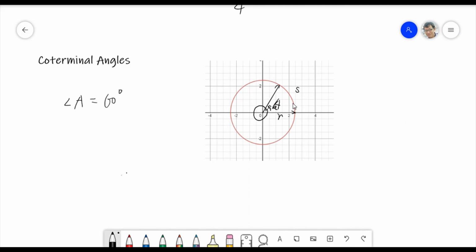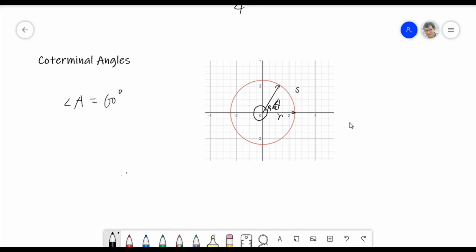It still counts, right? But when they move again, they go to the same point. So we call these coterminal angles, even if they pass through one or more circles but stay at the same point on the circle.